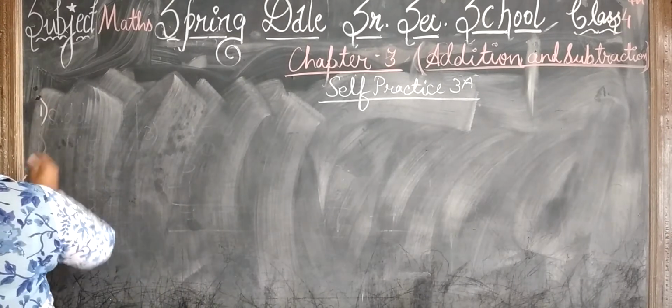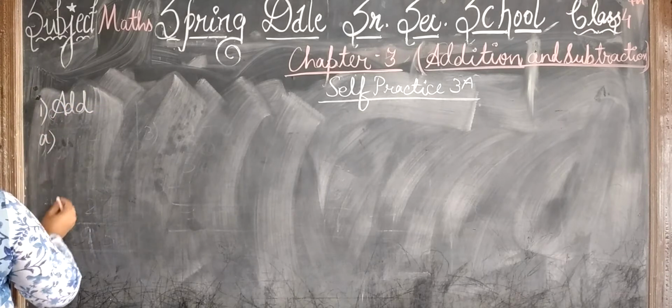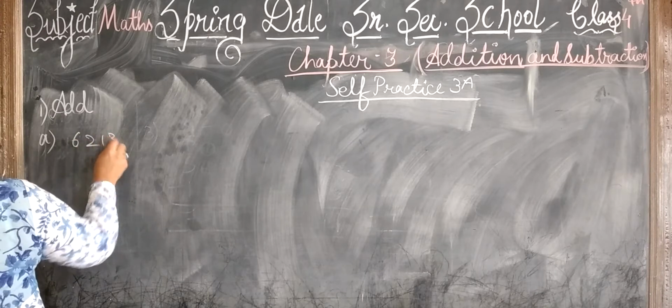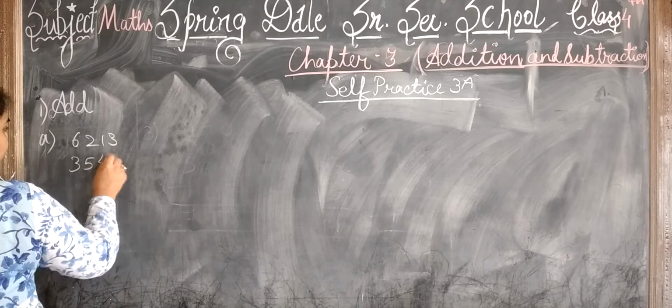First we have the A part. We have 6213 and 3543.